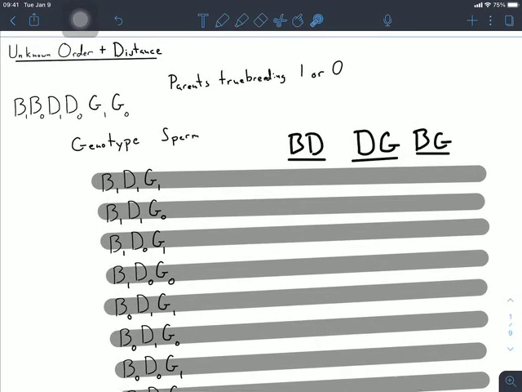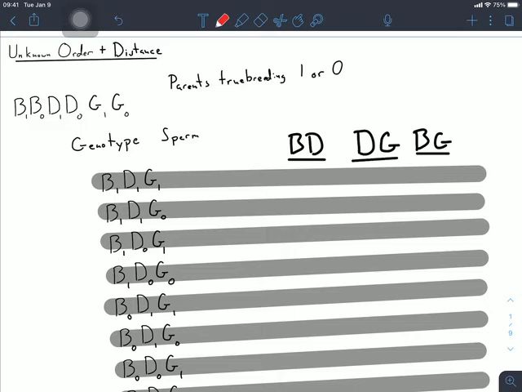Now in this case, we are being told that the parents were true breeding. So finding out the linkage between which alleles are connected to which, is it B1 with D1 and G1? Well, once you're told that the parents are true breeding, all ones or zeros, it's easy to assign them to one class or the other. So, at least in this example, we'll keep this straightforward in this regard.